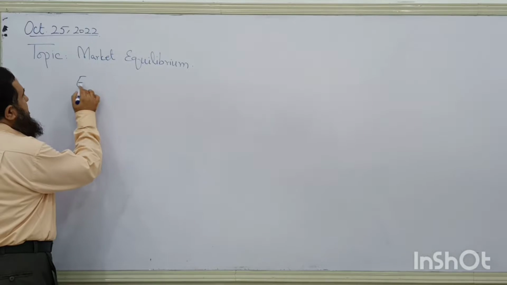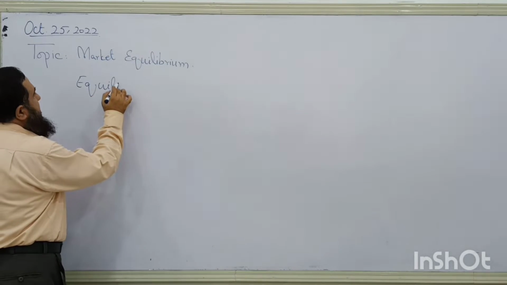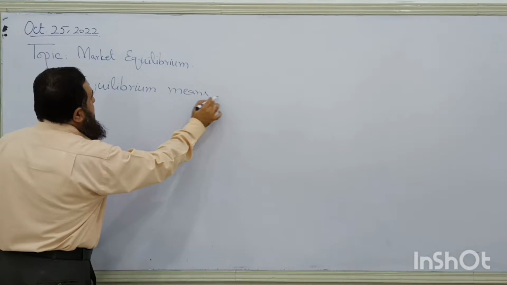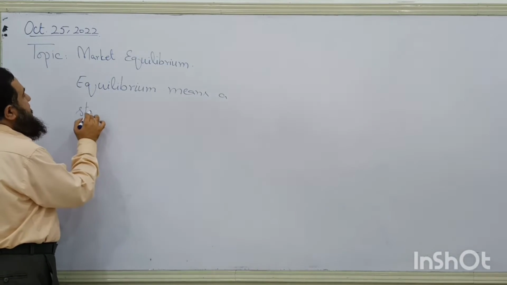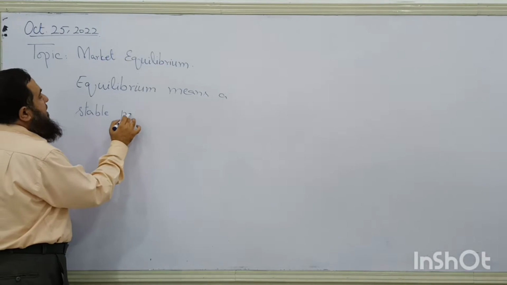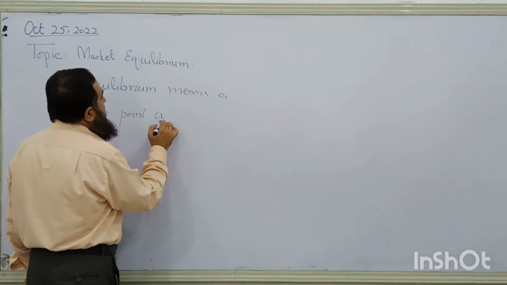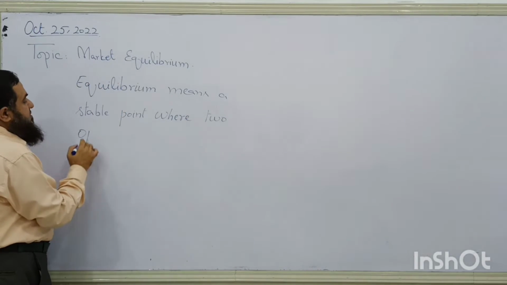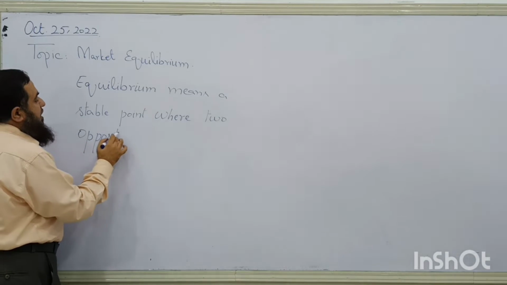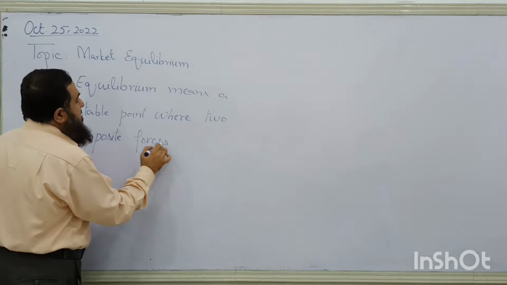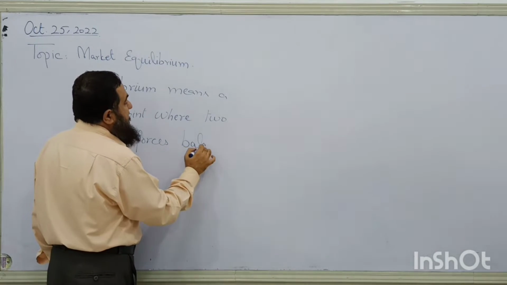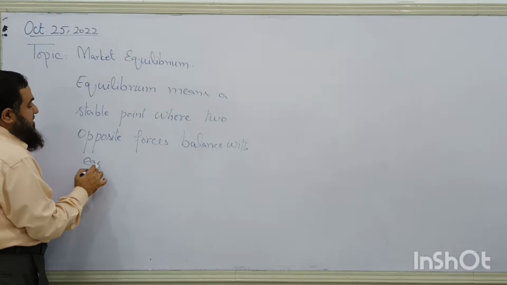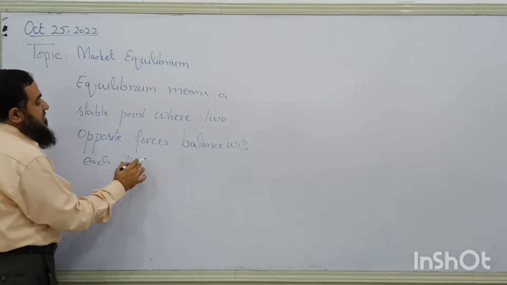Equilibrium means a stable point where two opposite forces balance with each other. This is the definition of equilibrium.